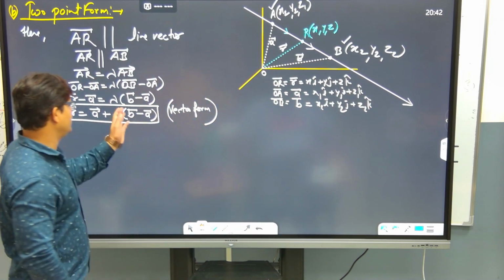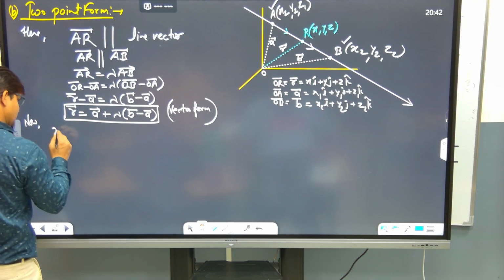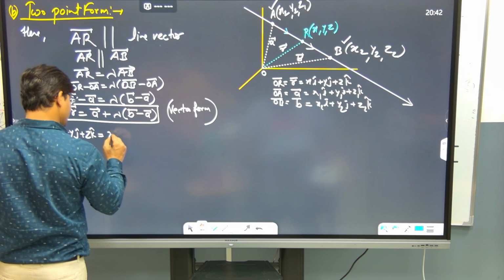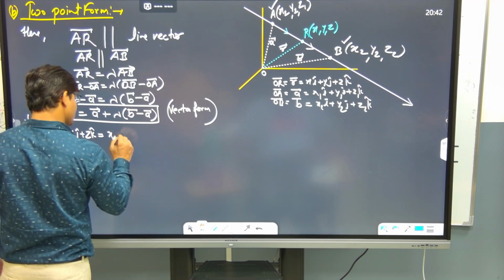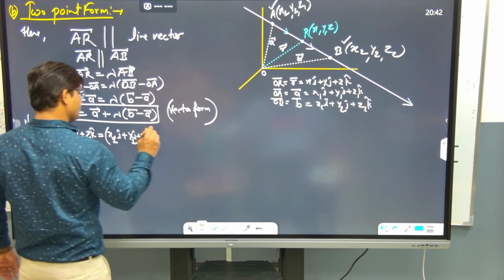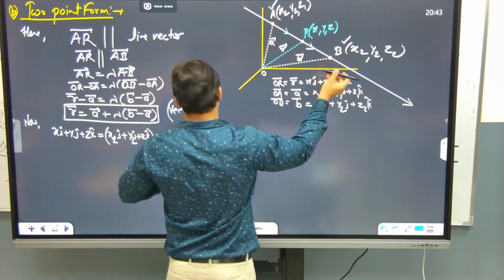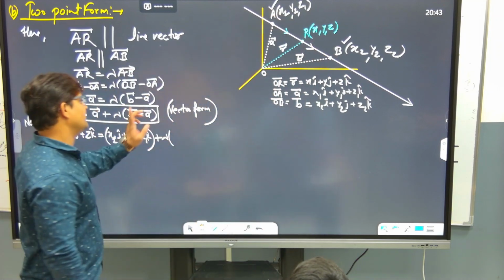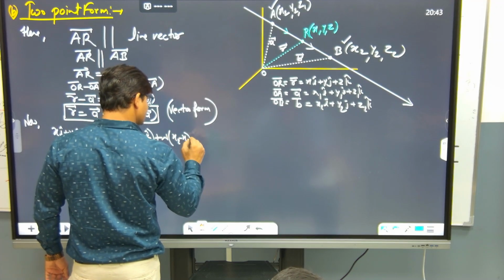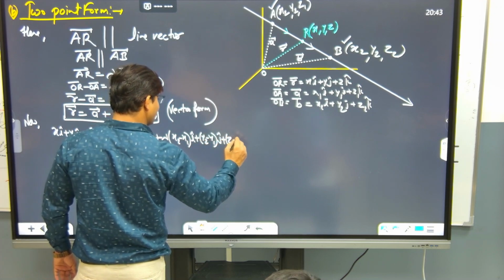With the help of this, we can find b minus a. If I am writing AB vector, then it is B minus A. If I am writing BA vector, then A minus B, and this lambda will change with a negative value. So that value is x2 minus x1 i cap plus y2 minus y1 j cap plus z2 minus z1 k cap.